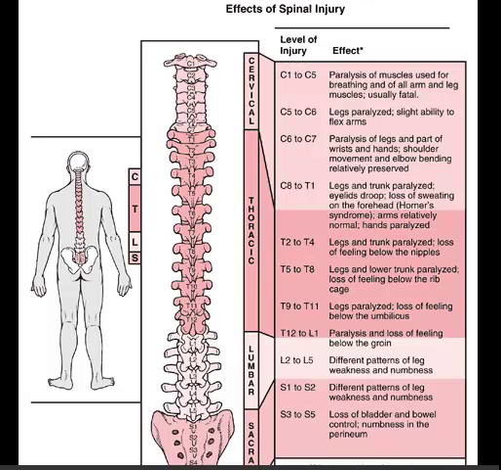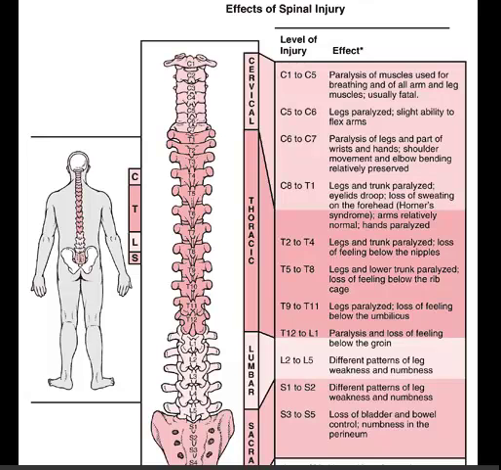When we talk about the incidence of spinal cord injuries, they're less common in children than in adults, occurring in about 1 to 3% of children who sustain injuries. Most of the injuries in children occur in the cervical spine between the occiput and C6.